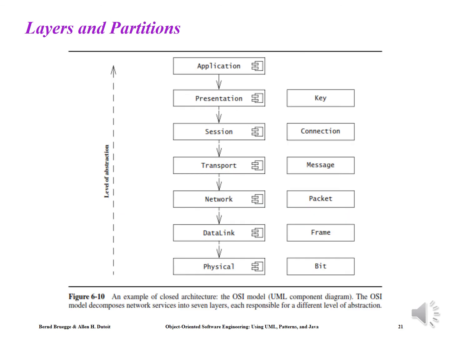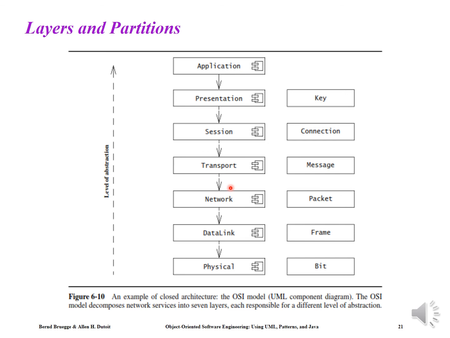So this is an example of closed architecture, the OSI model. You are already familiar with the 7 layers of the OSI model, which are physical, data link, network, and so on, while each layer is responsible for performing well-defined functions.